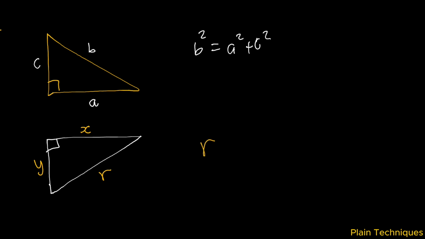So you take hypotenuse squared, which will equal the other two sides squared. The other sides are x and y, so I'm going to say x squared plus y squared. All right, this is now your Pythagoras theorem.